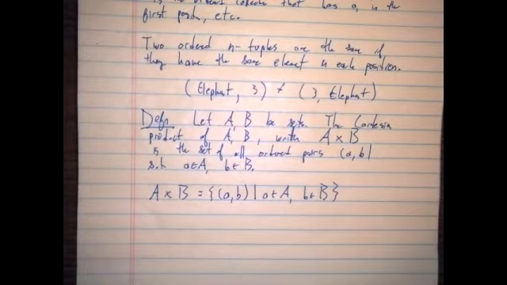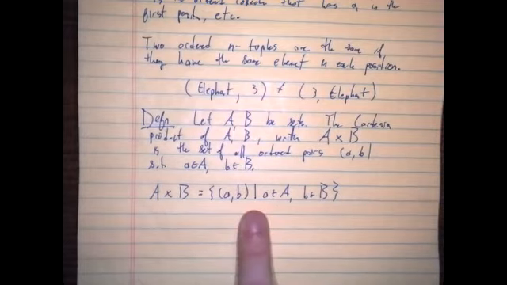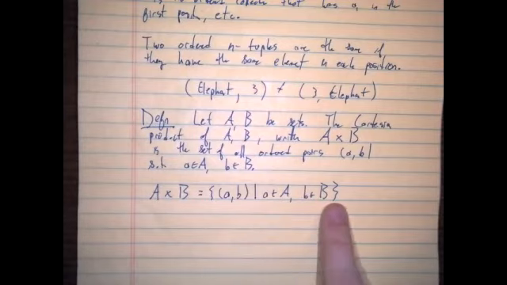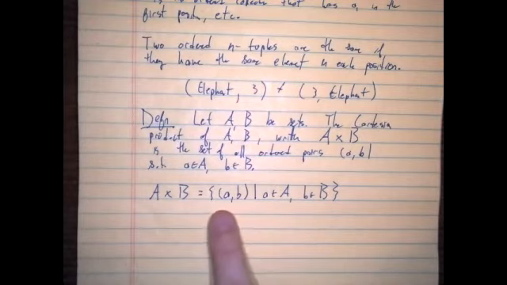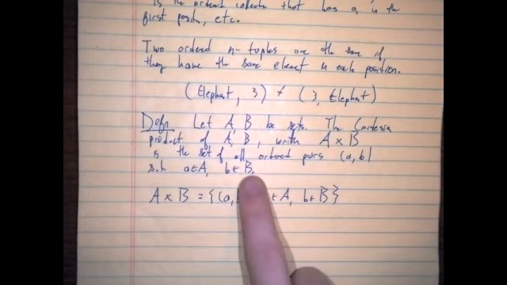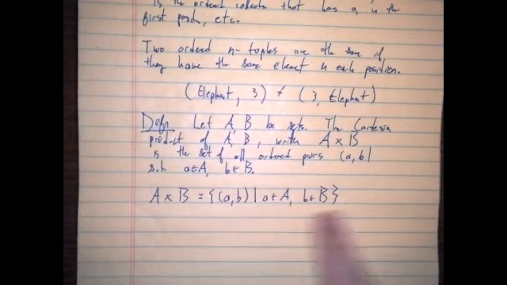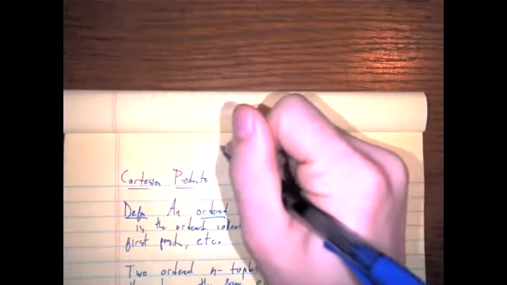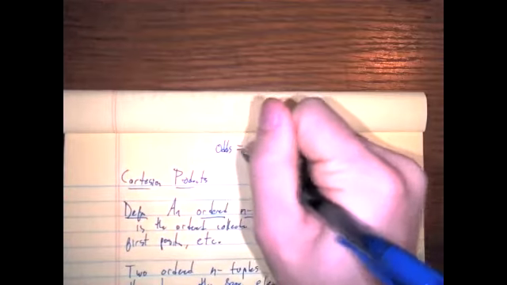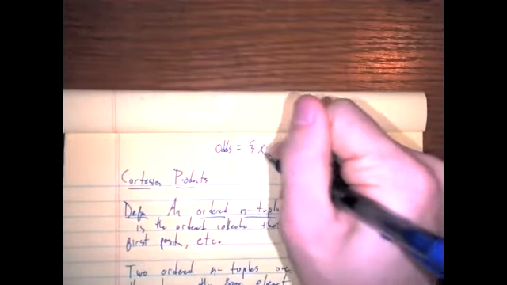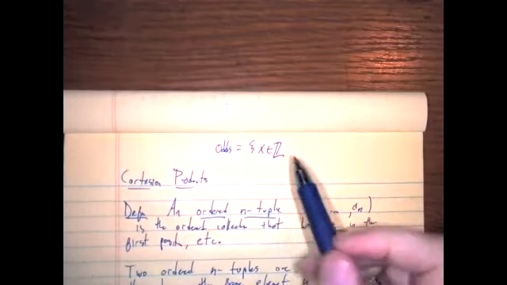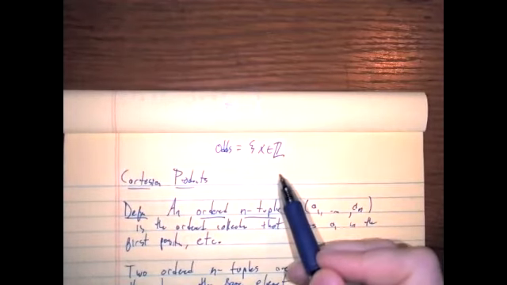What does the line after the ordered pairs mean? In set builder notation, this is how I specify conditions. So I'm looking at all ordered pairs, and then the line is how I say I only want such ordered pairs. For instance, if I was trying to write the set of all odd numbers, I could write odds equals the set of x in Z, but I certainly don't want all of the integers.